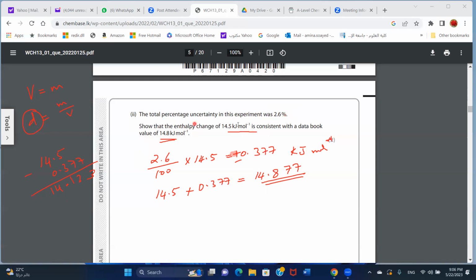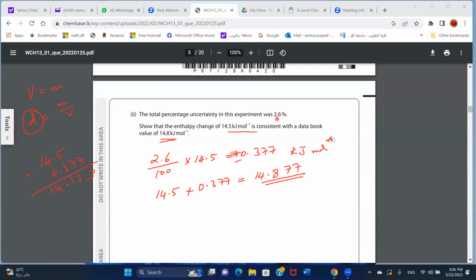Yes, Miss. When we say uncertainty, it means plus or minus the value that we got. When you say 14.5, this is an absolute value, but we have uncertainty. We say plus minus a certain value. We got it from the percentage uncertainty that they gave us, to find out how much I am going to add or subtract from the value I got experimentally.